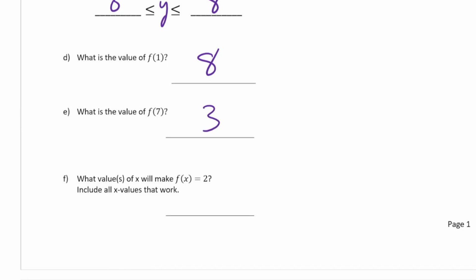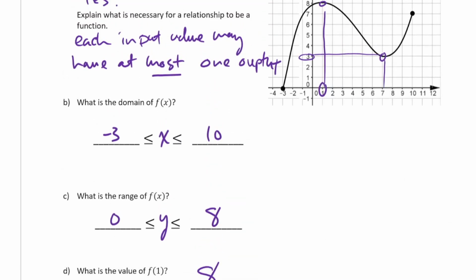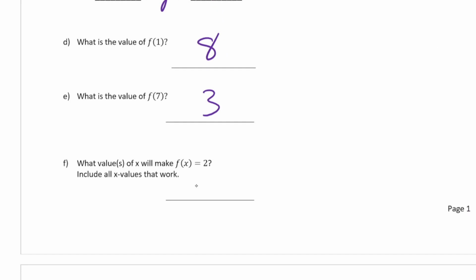And then the last question says, what values of x will make f of x equal 2? Now it's a different question. Now I'm wondering what value could I put into this function so that I get a value of 2 out. So if I look at this, here's an output of 2, and it looks like it's somewhere in between here, maybe -2.5.